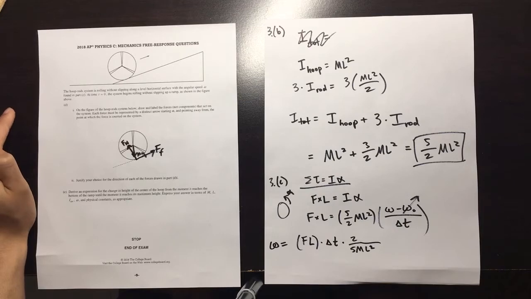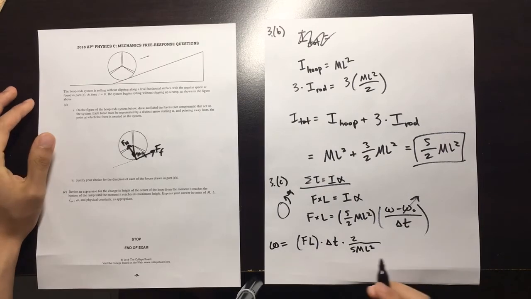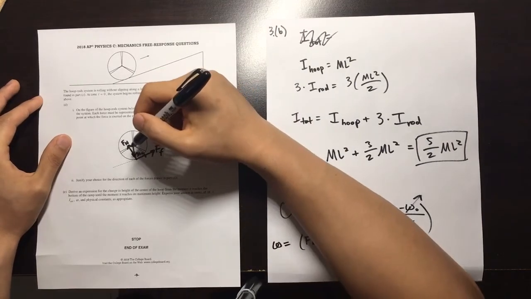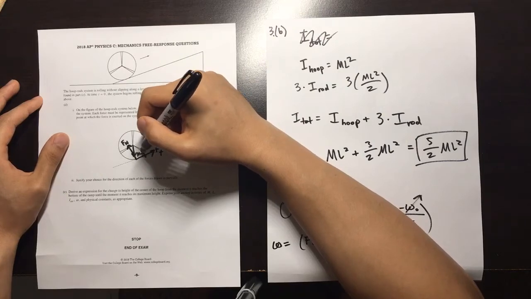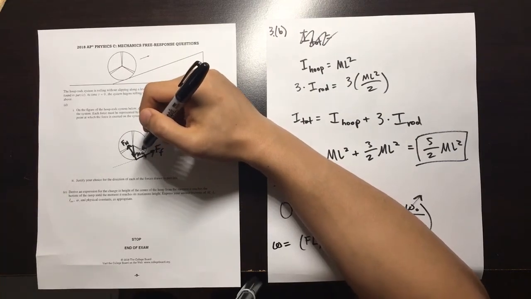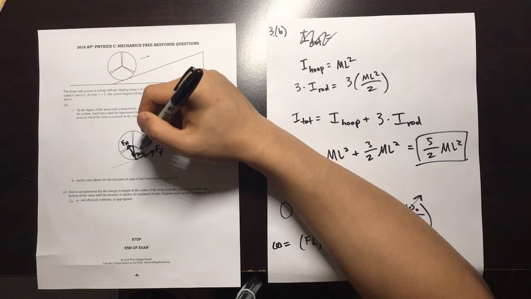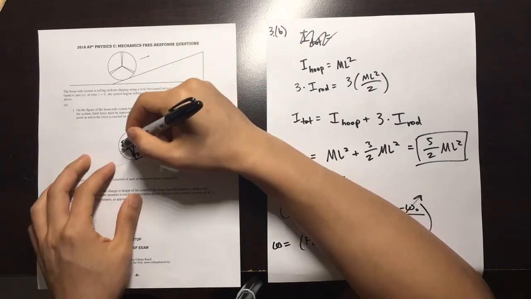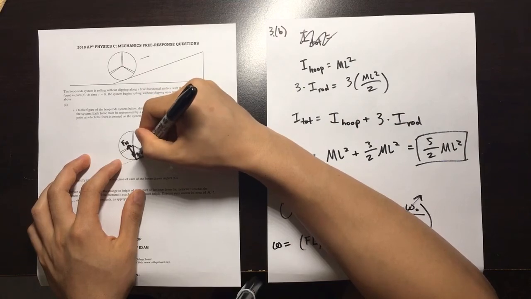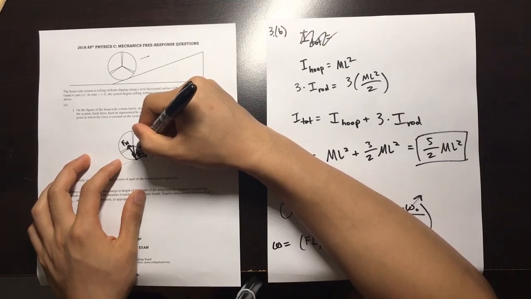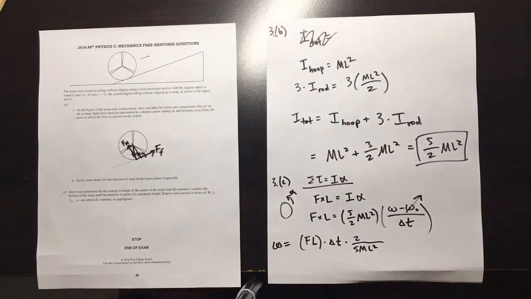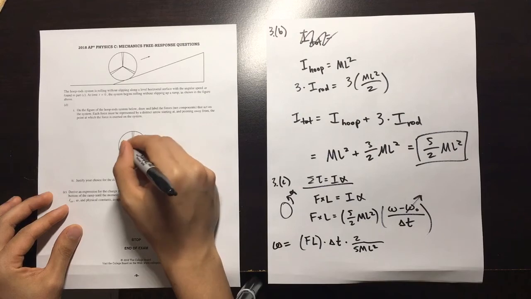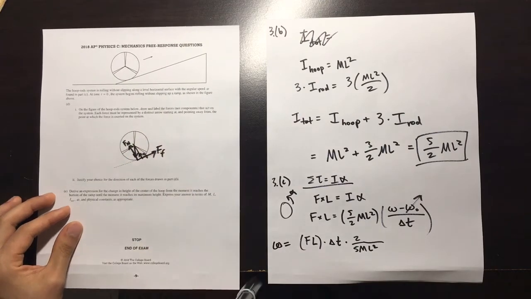Yeah, because the other two components don't cause a torque. And if I had a pencil, I would redraw this normal force so that it passes through the center of mass to show that it doesn't create a torque. But anyway, yeah, these normal force, mg, and force of friction.